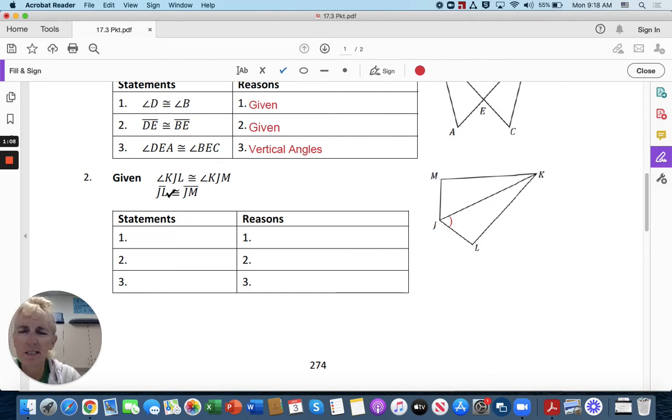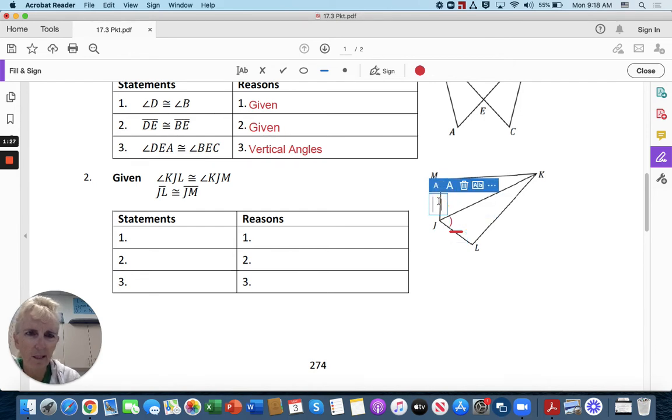Okay, so then it says JL right here is congruent, and you can make sure those lines are perpendicular to this line. JL is congruent to JM.